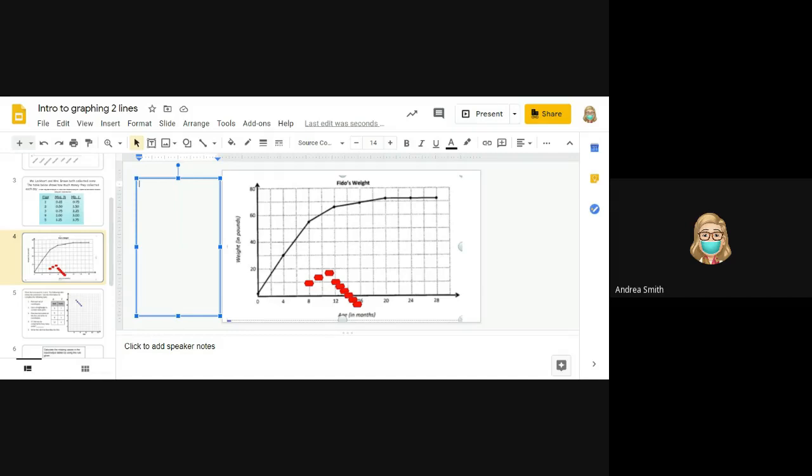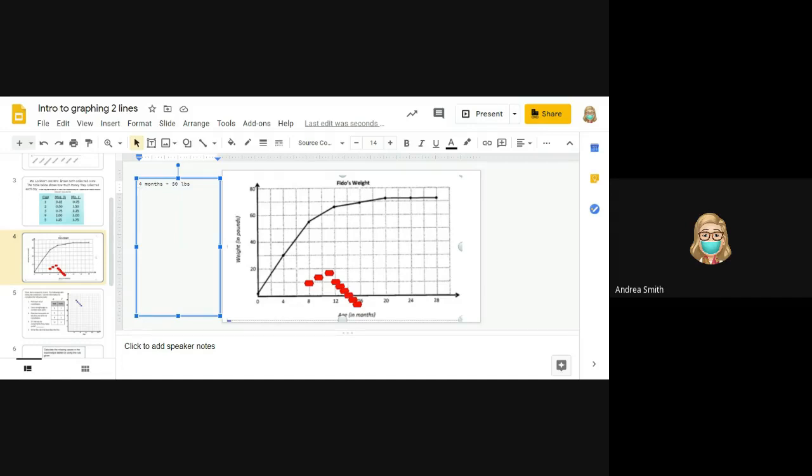If we said Fido at 4 months weighs 30 pounds, okay? That's what I mean by keeping track of the data. We went through it, we talked about it, and we identified it, but we didn't really keep it in a chart or write it down.